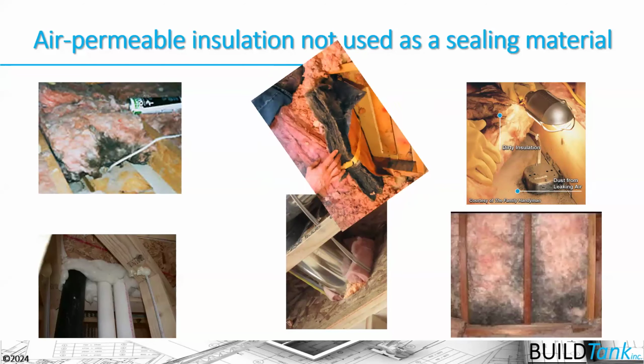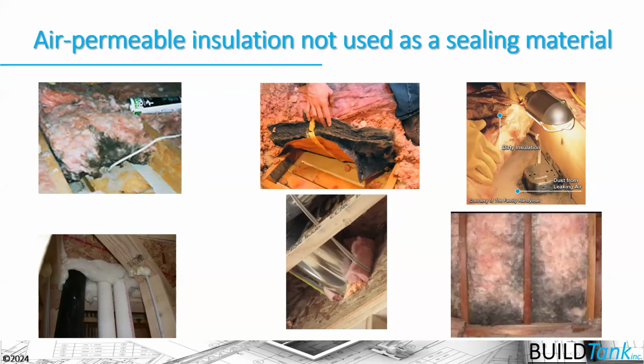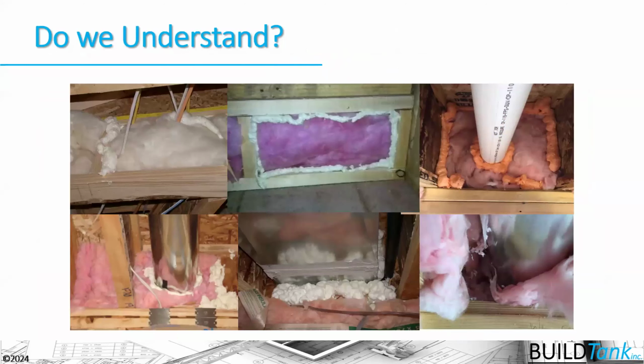And we see often that installers don't necessarily understand what their materials can do and can't do. So this is an example of a fiberglass batt being installed so that it's blocking a hole basically from inside to outside. And they think that if they put some foam around that hole, it's going to stop the movement of air.